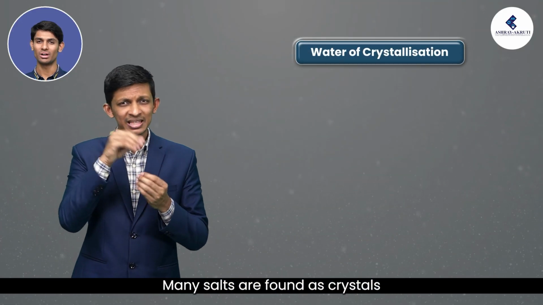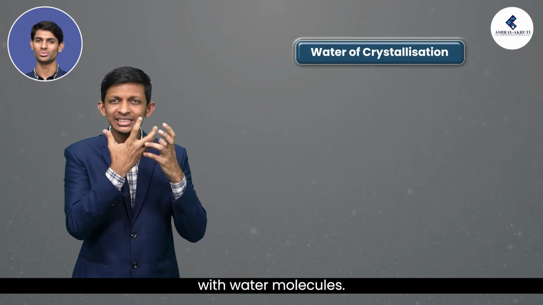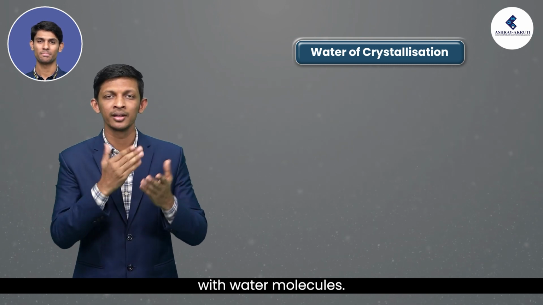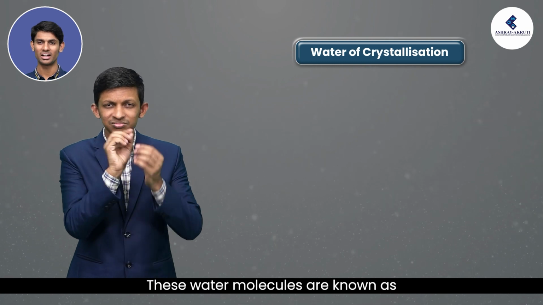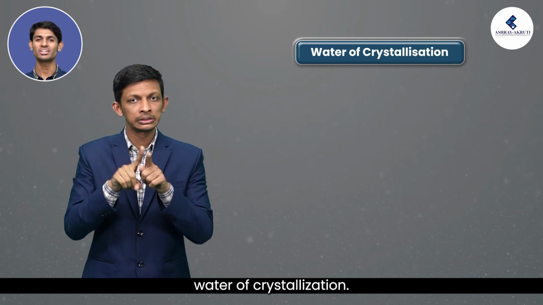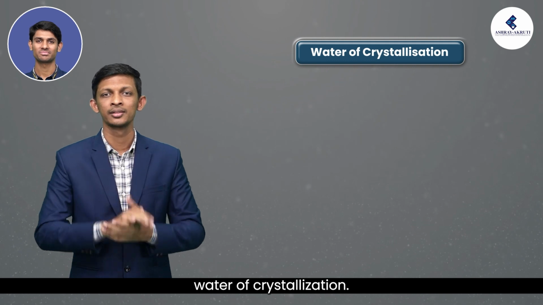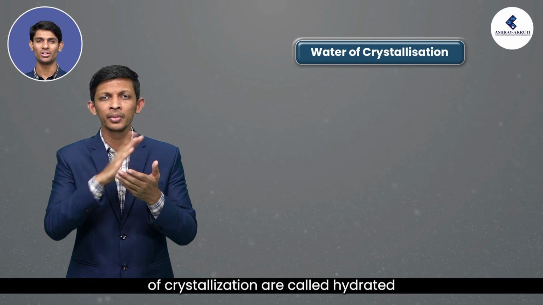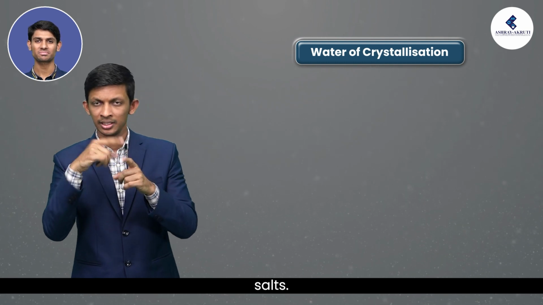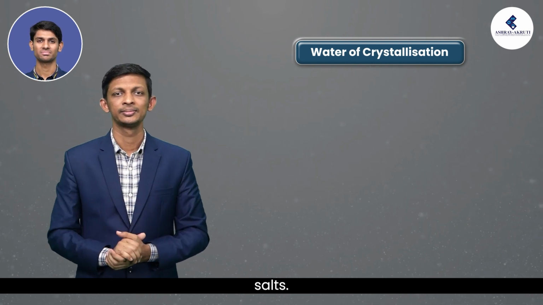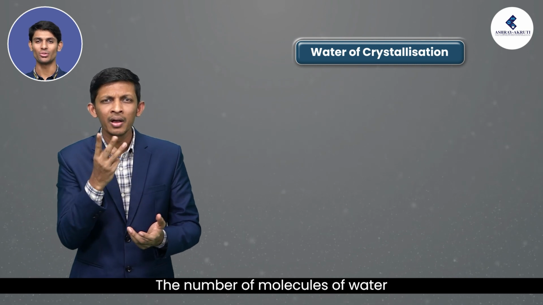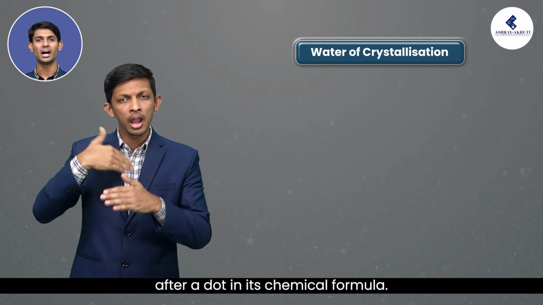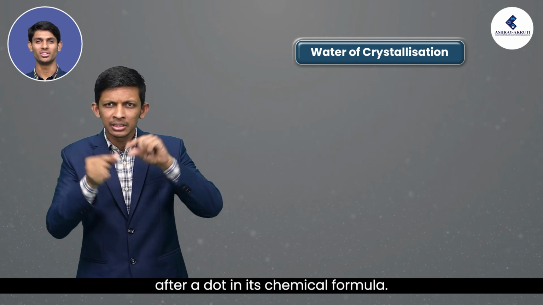Many salts are found as crystals with water molecules. These water molecules are known as water of crystallization. Salts that contain water of crystallization are called hydrated salts. The number of molecules of water hydrated to a salt is indicated after a dot in its chemical formula.